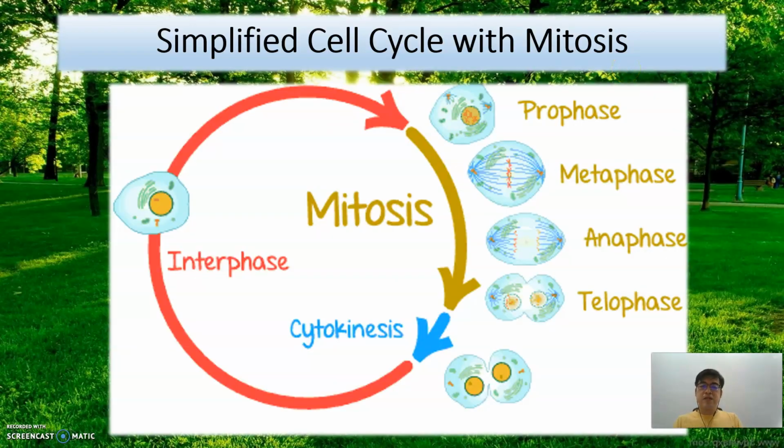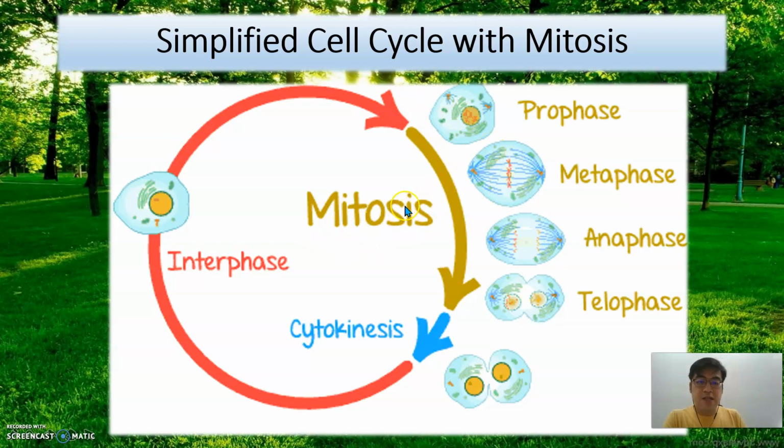Just now that diagram was a little bit complicated, so this is a simplified one. From this diagram, you can see that the red part of the cell cycle is the interphase, which comprises the G1, S and the G2 phase. Then the brown part here is the mitosis phase.